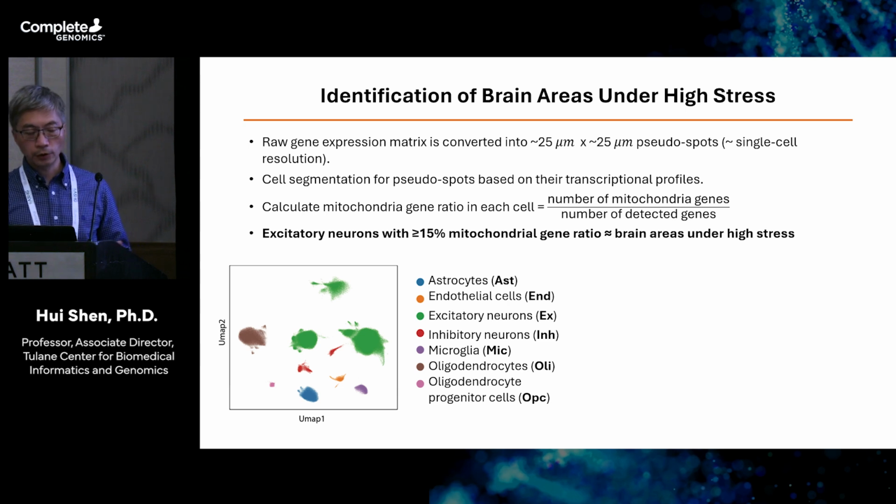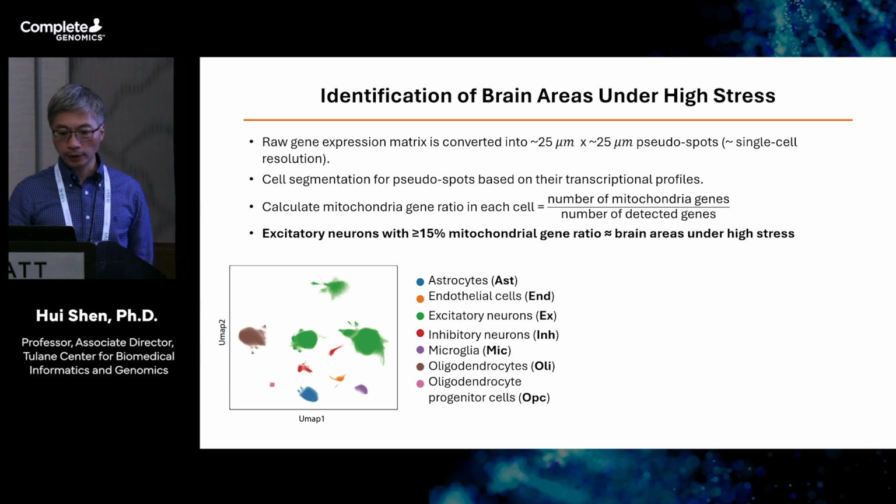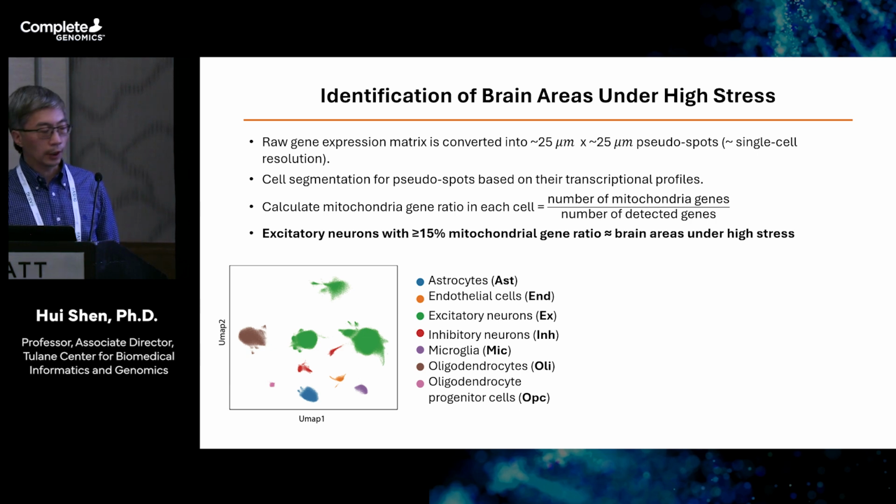Because there's no consensus on what percentage of mitochondrial gene proportion is too much, based on the distribution of our data, we use a relatively arbitrary cutoff, which is 15%, to define a high mitochondrial gene proportion.